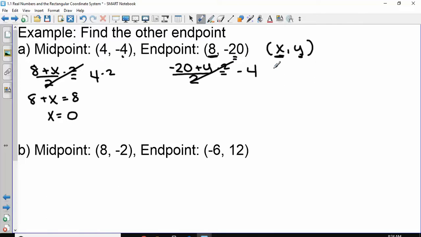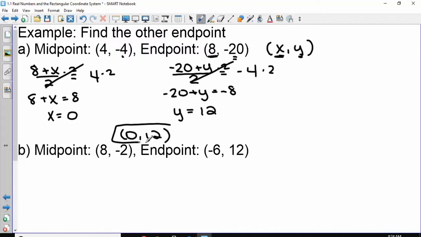So we multiply our 2, add your 20, and we'll get 12. So the other endpoint is 0, 12. So you just use xy for the second endpoint and plug into your midpoint formula.